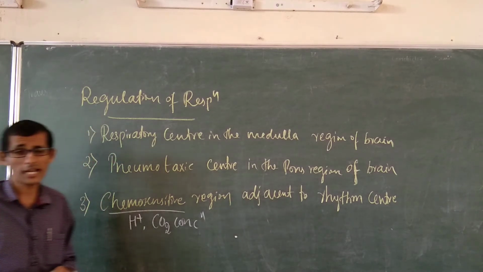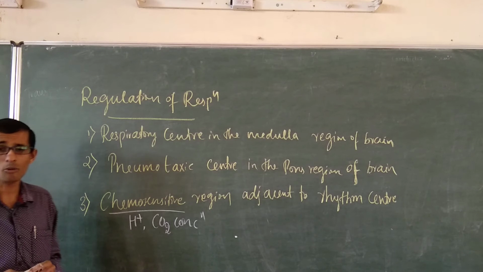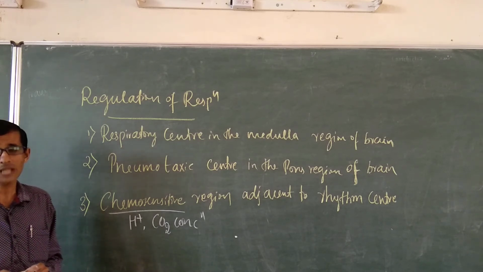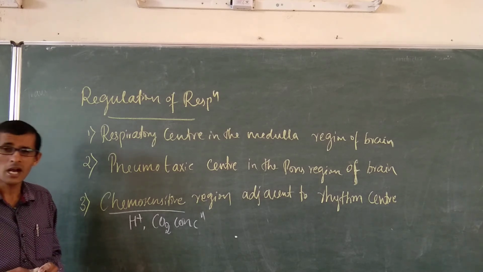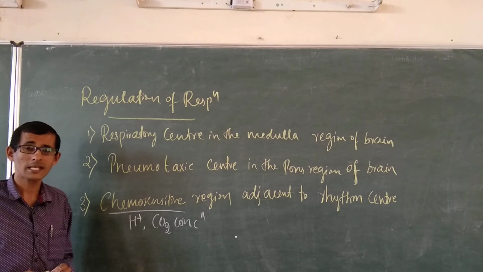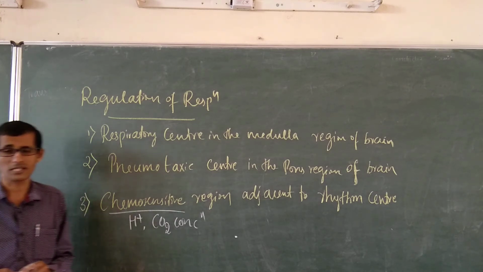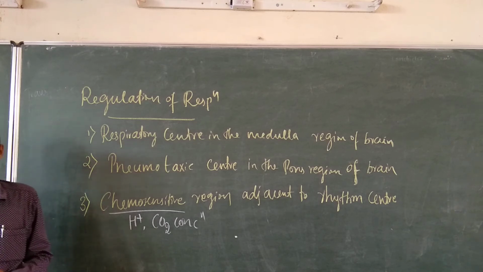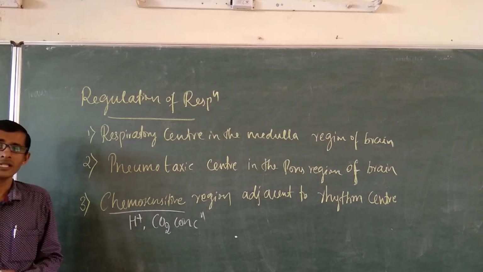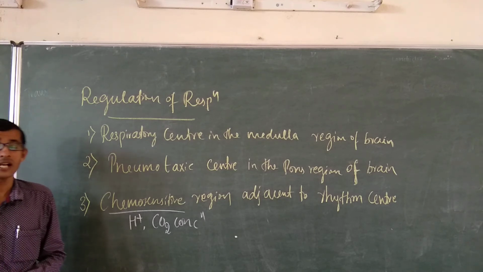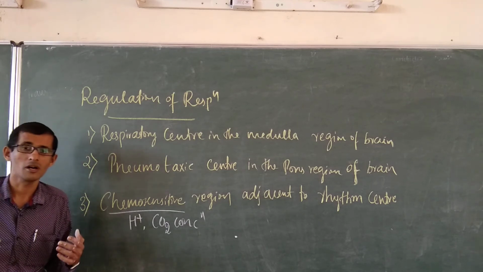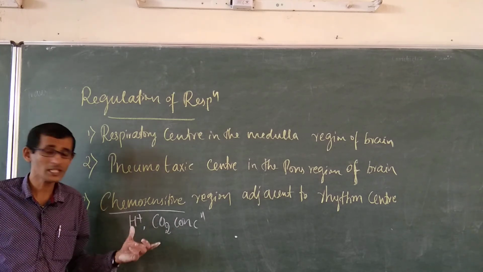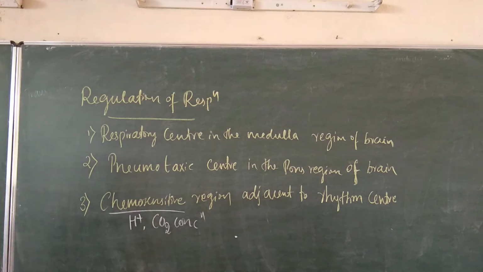When carbon dioxide concentration increases, and H plus ion concentration increases, the chemosensitive receptors associated with the aortic arch and carotid arteries send the signal to the rhythm center, and as a result the rate of respiration increases, and we can observe elimination of carbon dioxide in a faster way. So, that is needed for our body. This is regulation of respiration in the human body.